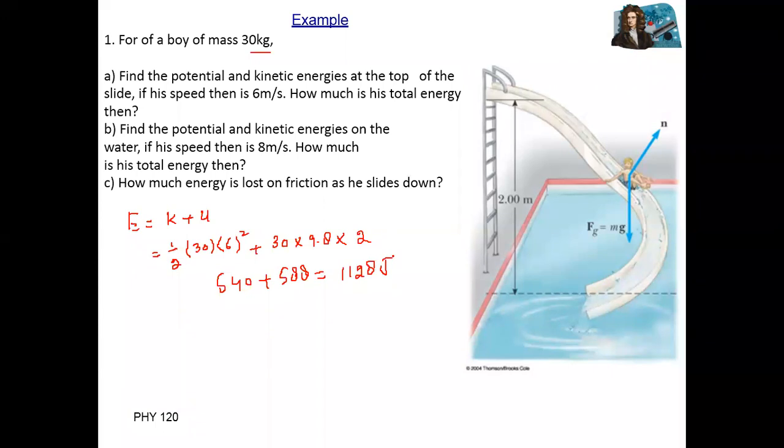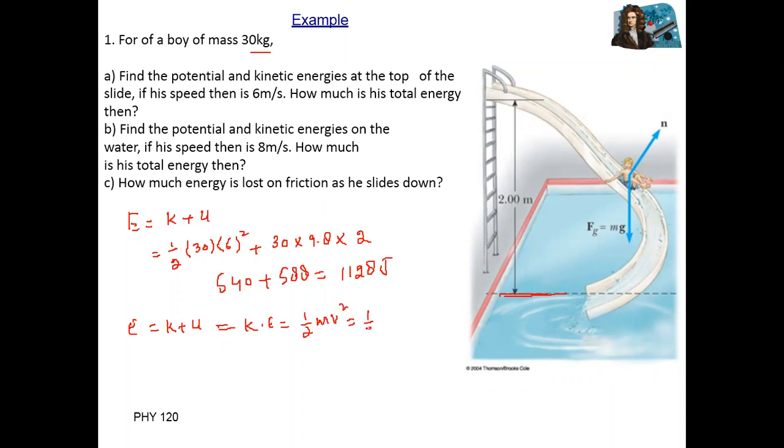So that is the total energy. Now, second part, find the potential energy and kinetic energy at the water surface. You can see here at the surface of water. We know that total energy is equal to kinetic energy plus potential energy. But at this level, height from the ground is equal to zero. So there is only one energy, that is kinetic energy, and kinetic energy is equal to half mv square.